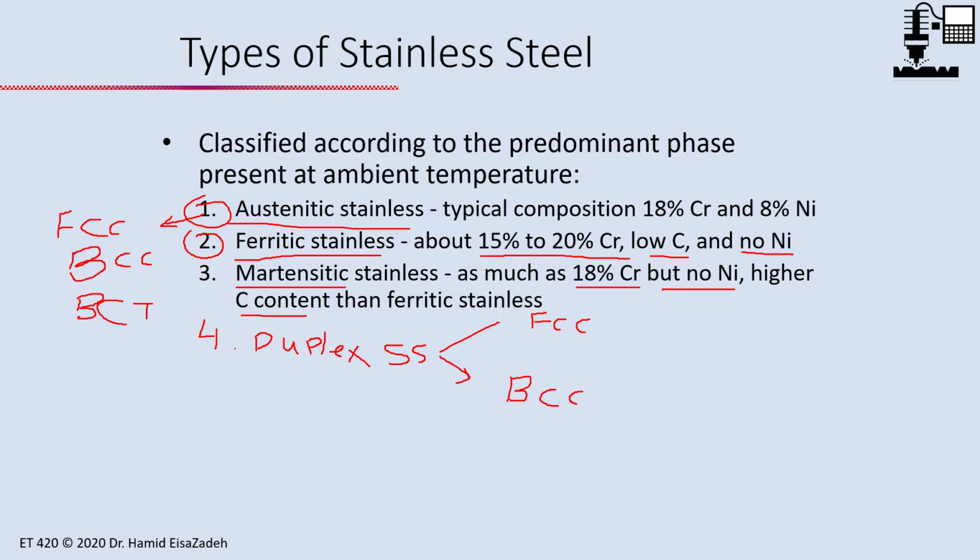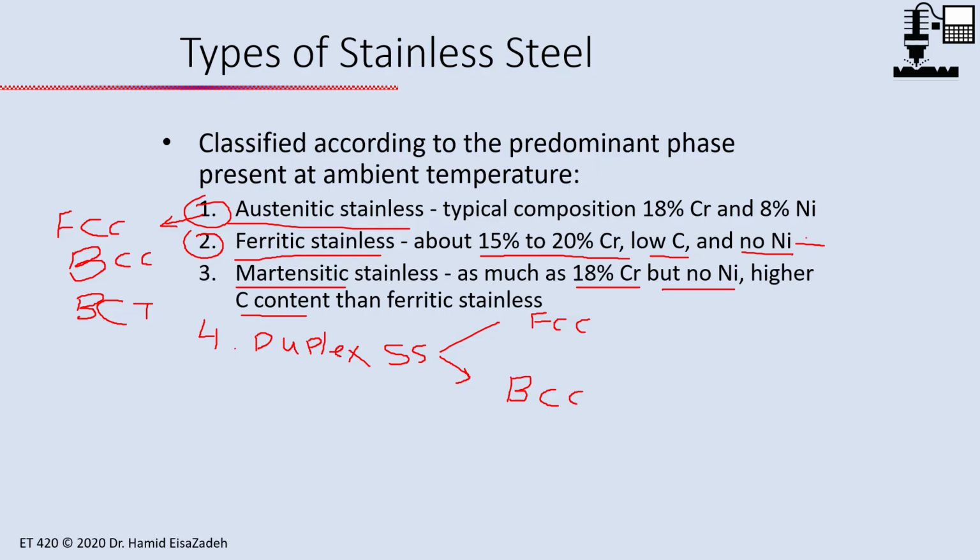Austenitic stainless steels are used for food and chemical processing equipment, as well as machinery that requires high corrosion resistance material.